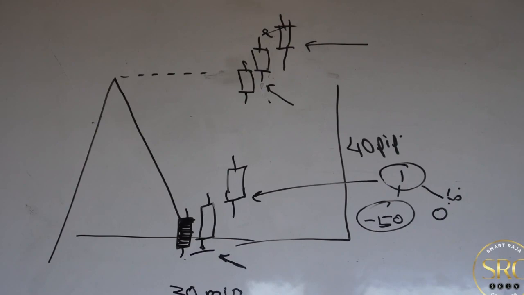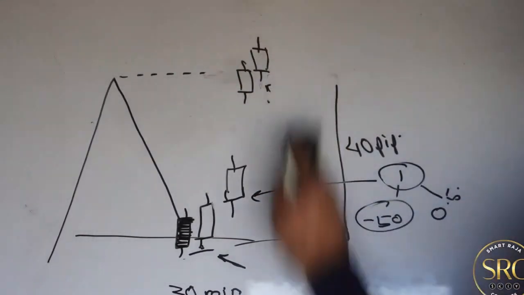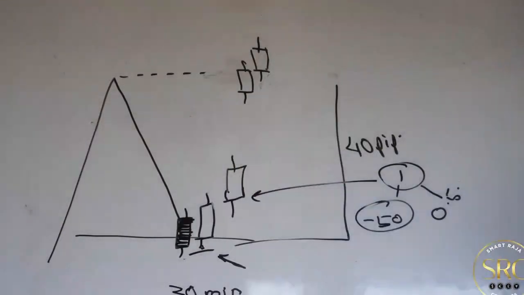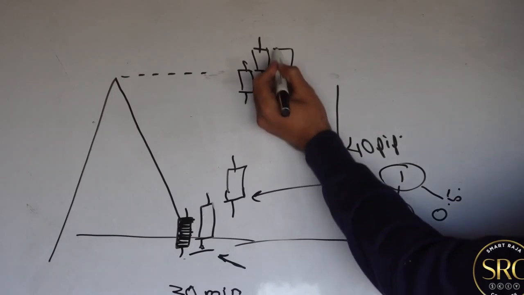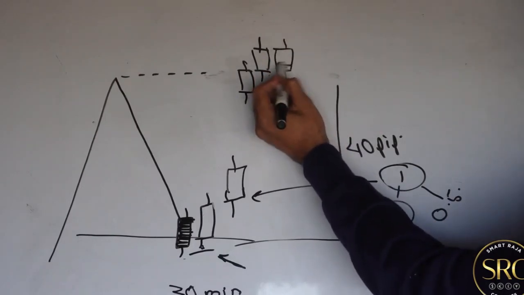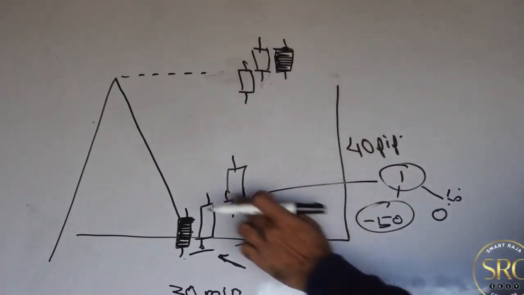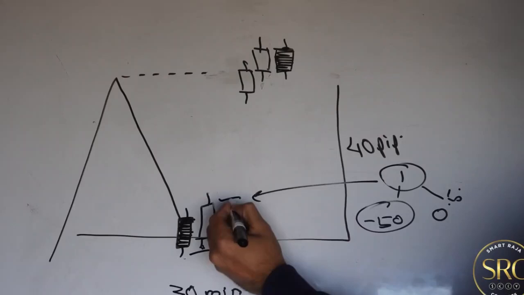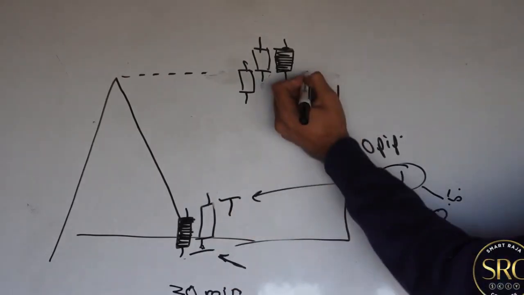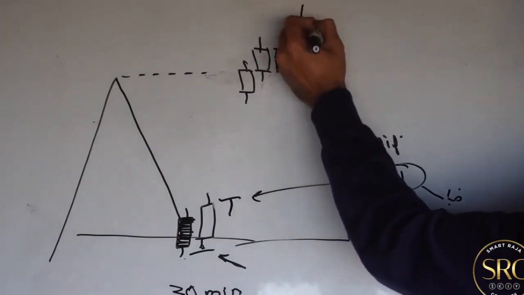Now, there's a question that may be coming up: what if a 15-minute candle closes bearish, and we close 50%, and obviously this first 15-minute candle is half of the 30-minute candle, what if the second 15-minute candle starts to go up and then continues to go up?